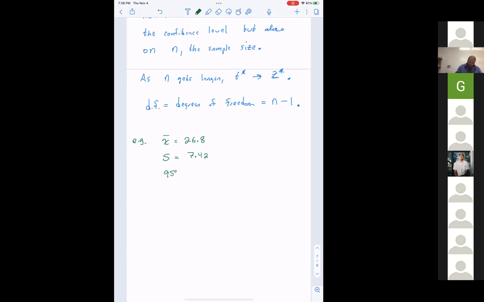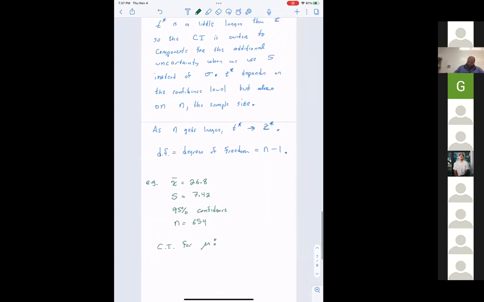We have a 95% confidence, and we have a sample size of 654. And the question is, find for me a 95% confidence interval for mu, for the true value.